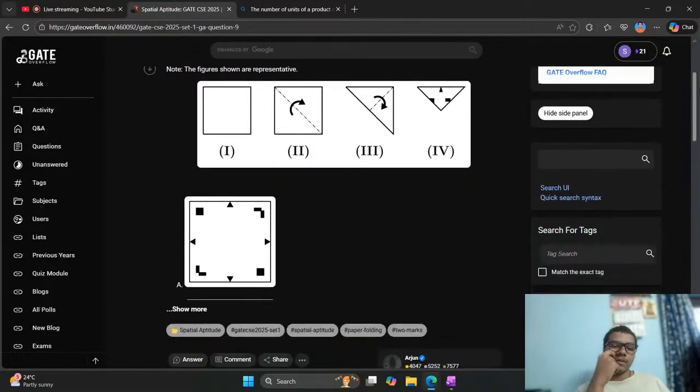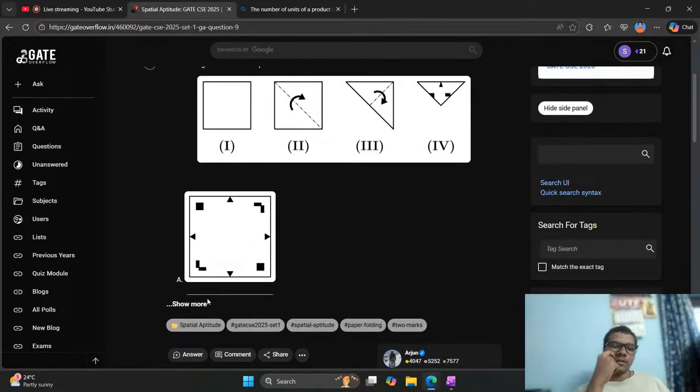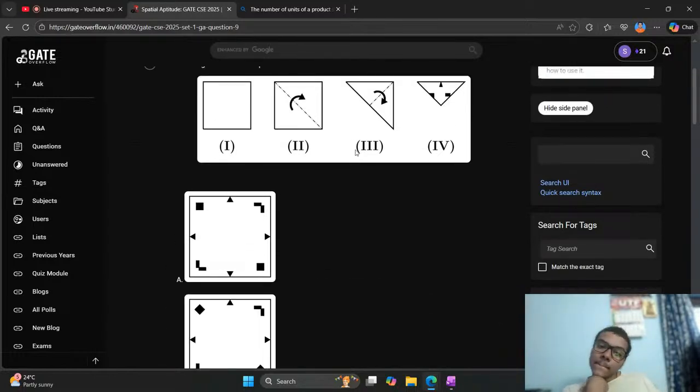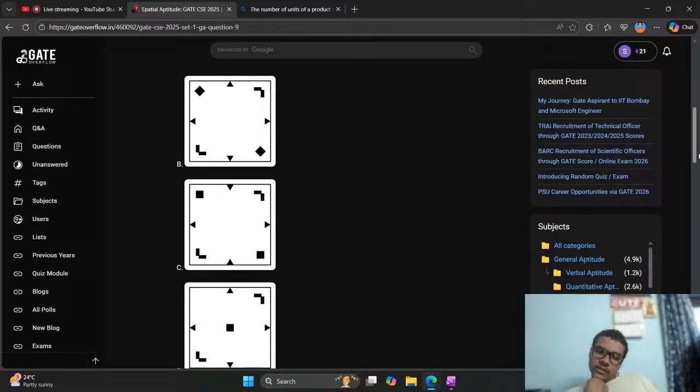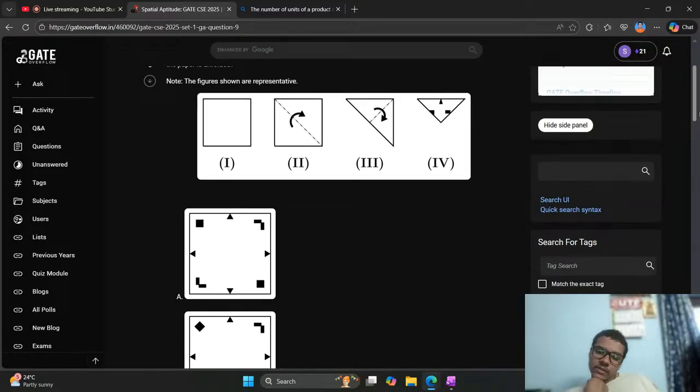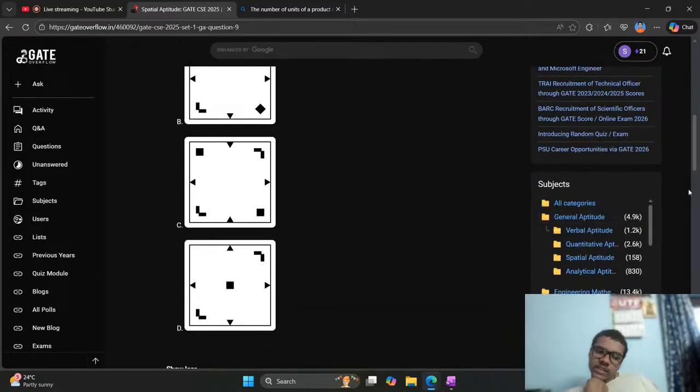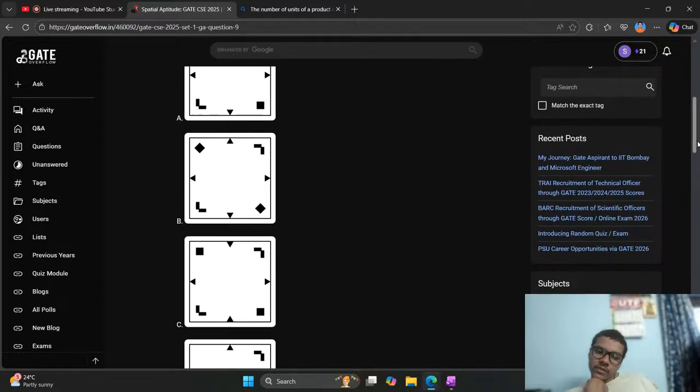Yeah, this one's hard. So if you see, this is folded in half and it is folded in quarter. So this edge, actually, this one is eliminated because it is at center.